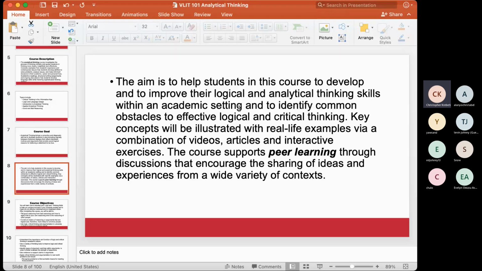So within an academic setting, we identify common obstacles to effective logical and critical thinking. Certain concepts will be illustrated with real life examples, through videos, articles, and interactive exercises, all used interactively for the course.